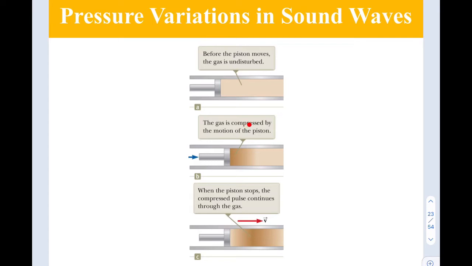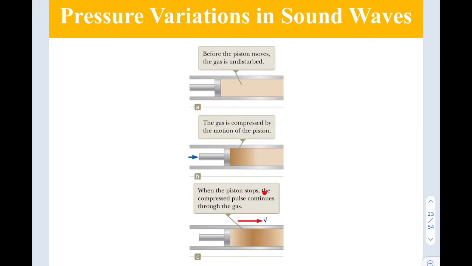Now the gas is going to be compressed by the motion of the piston. This area will experience compression, where the distance between neighboring molecules decreases. So compression will be high here, pressure will be high here, as well as density.